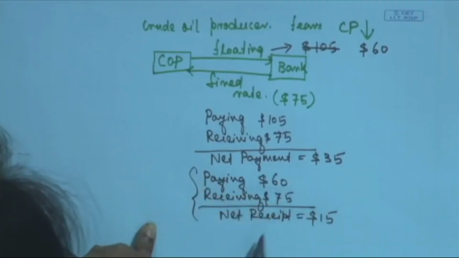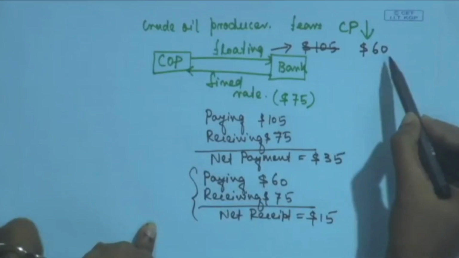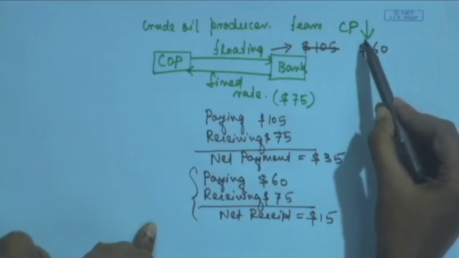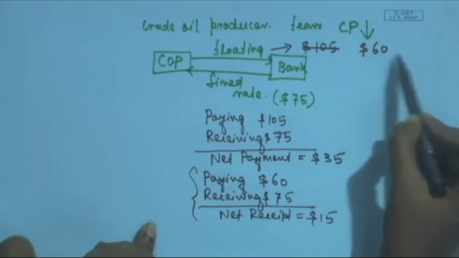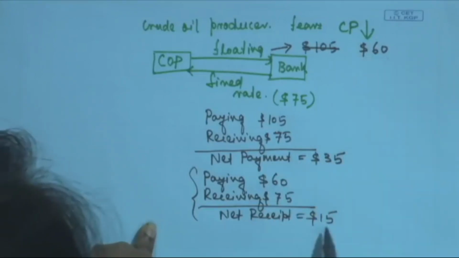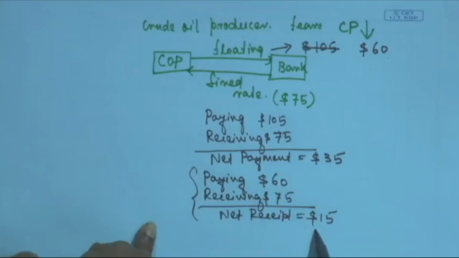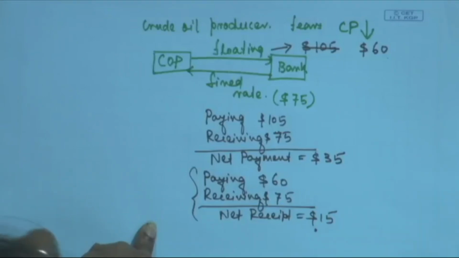So in that case, the company will be selling crude oil at 60. That is, his fear has come true. He was expecting the crude oil price to go down, and his fear has come true. He will be selling crude oil at $60, but he will be receiving $15 from the bank as part of the swap agreement, resulting in $75 of receipt for every barrel of crude oil.